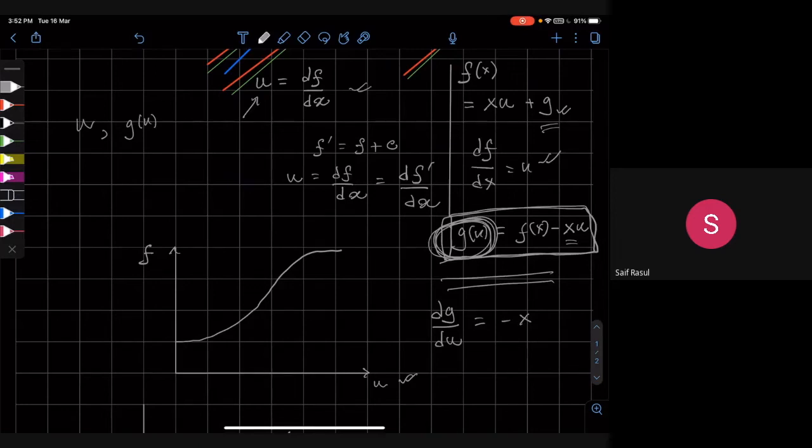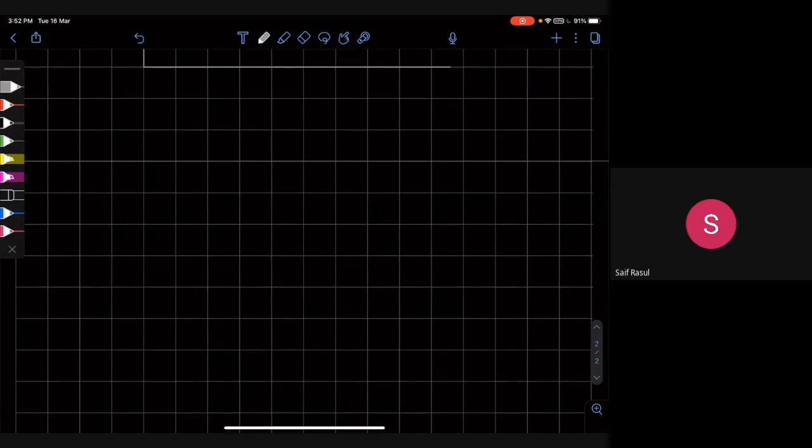Let me recap. You have some function f of x, but I don't tell you what this function is. I give you g of u, where g of u is the function of intercepts of the tangent lines, right?